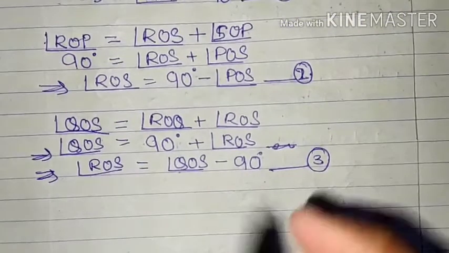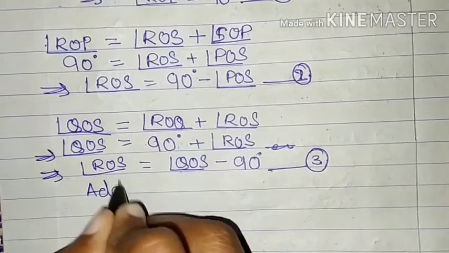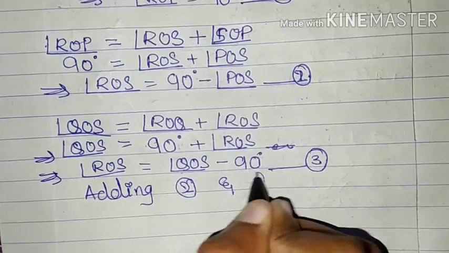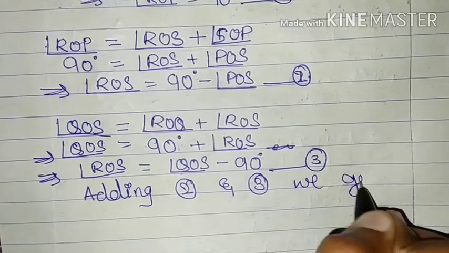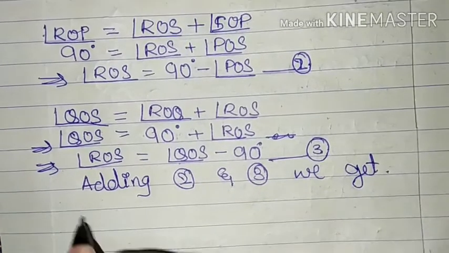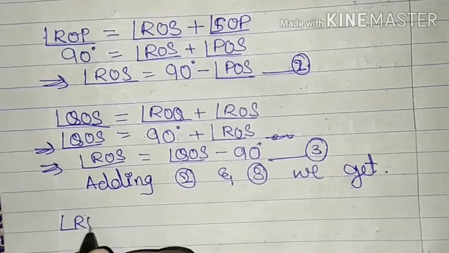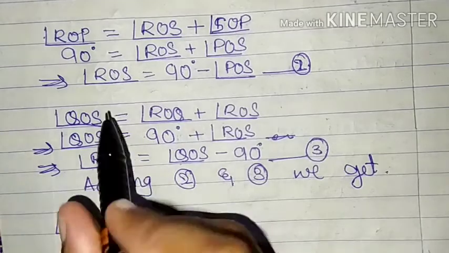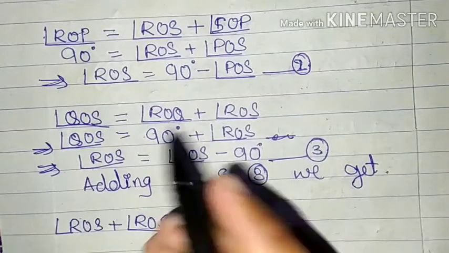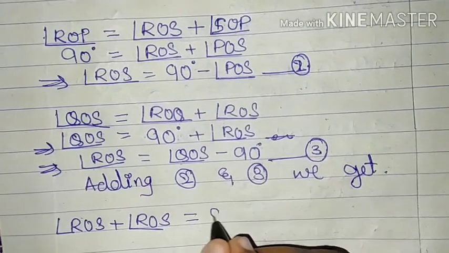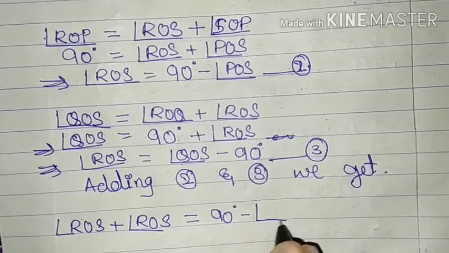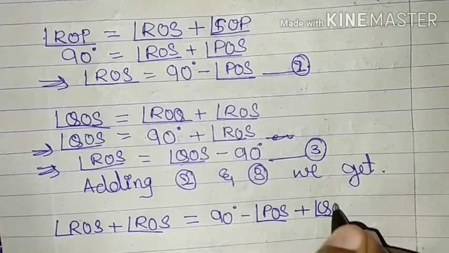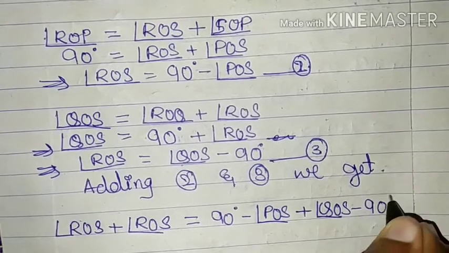Now adding 2 and 3 we get angle ROS plus angle ROS on the LHS, which is equal to 90 degrees minus angle POS plus angle QOS minus 90 degrees.